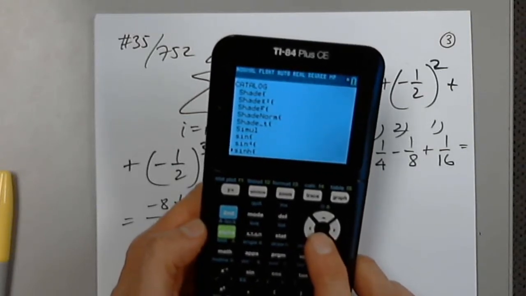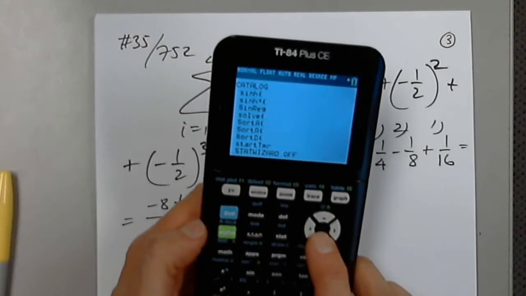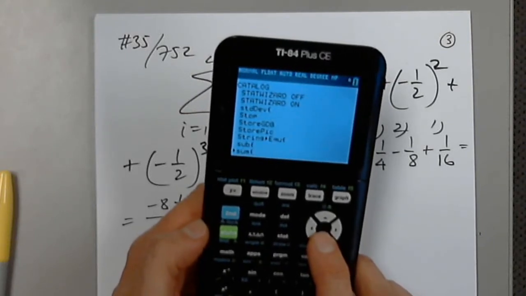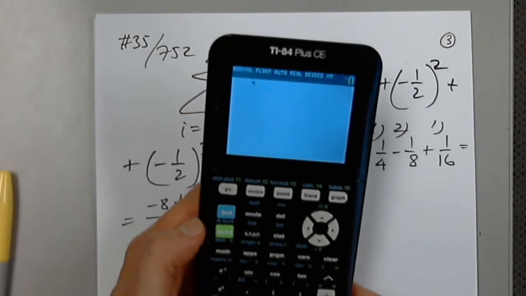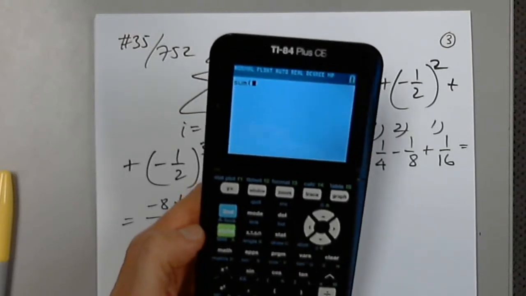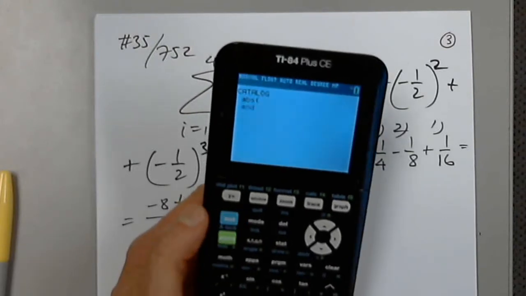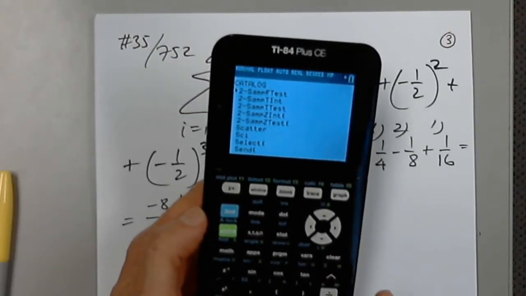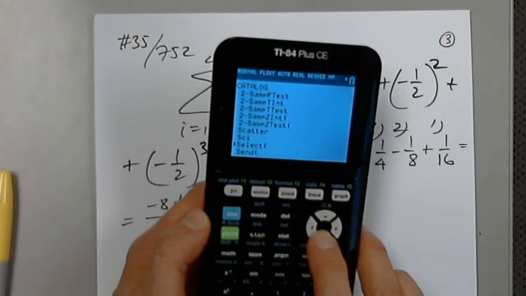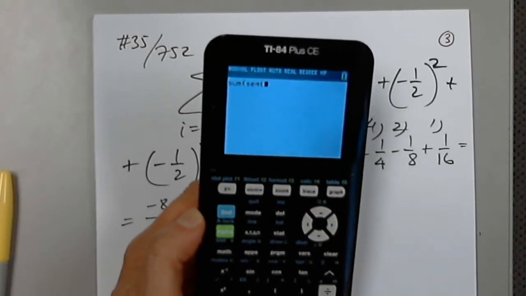So when you scroll down, or go to T and scroll up, whatever is easier for you, sum. Although the math menu may have that already. Sum of the sequence: second, in catalog again, press S again, it jumps you to S, and now SEQ.